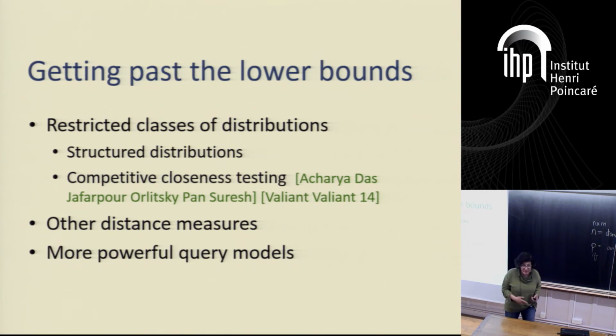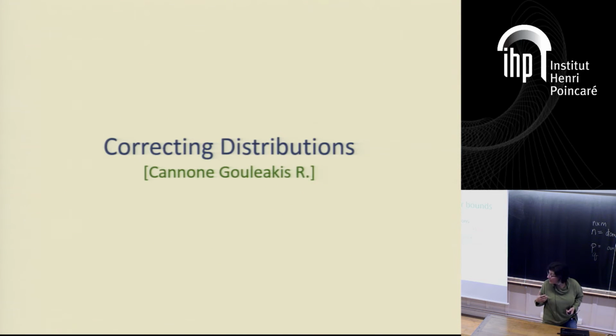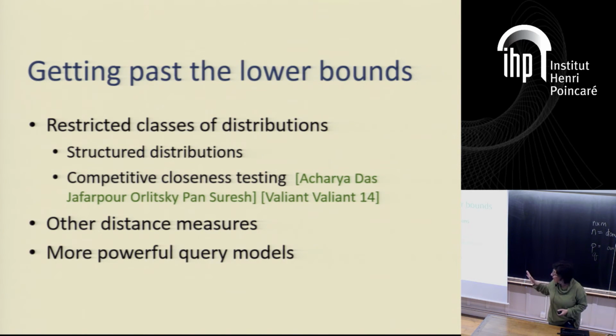Another thing people have looked at is what happens when you have more powerful query models, and there are a lot of cases where this might be useful. For example, I may be able to query the probability of element i, as well as get a random sample. This is something that databases sometimes support, such as Needletail that I mentioned earlier.